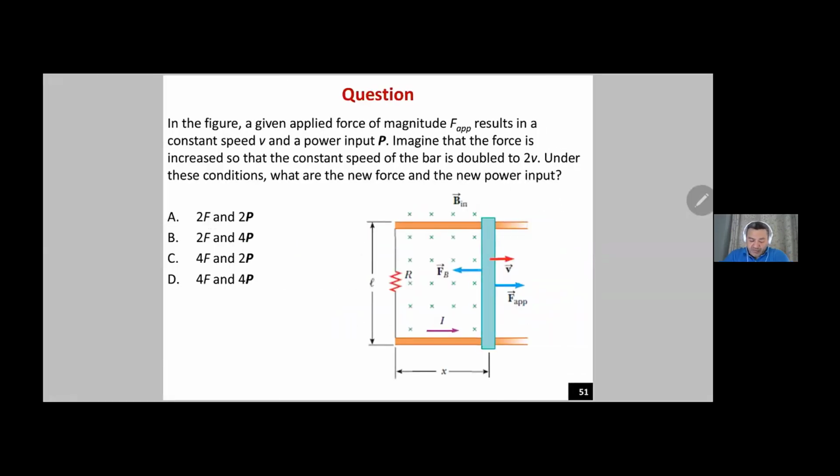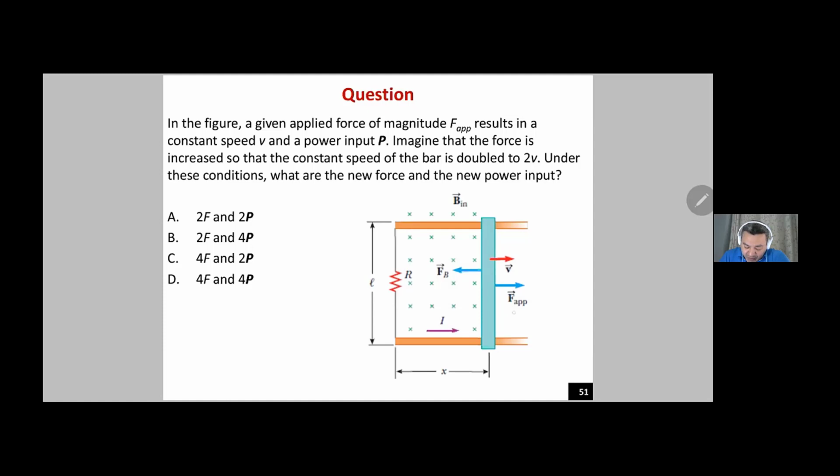Now, let's go to this question where we have been given the same setup. Instead of the light bulb, we have a resistor here.